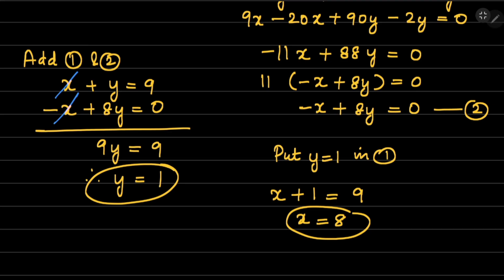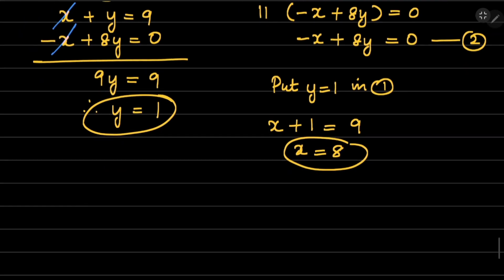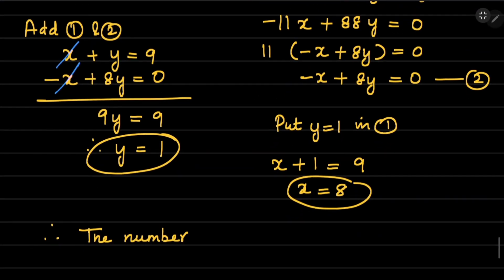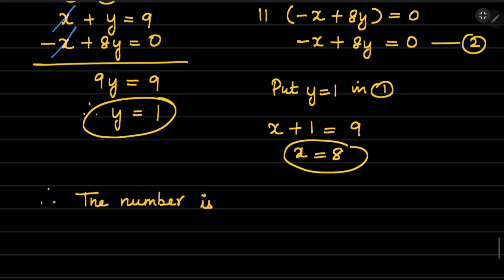Now what is the number? Therefore, the number is, what is the original number that we took? It is yx, isn't it? So the number is 1 and 8. Y is 1 and your units digit is 8. So the number is 18.